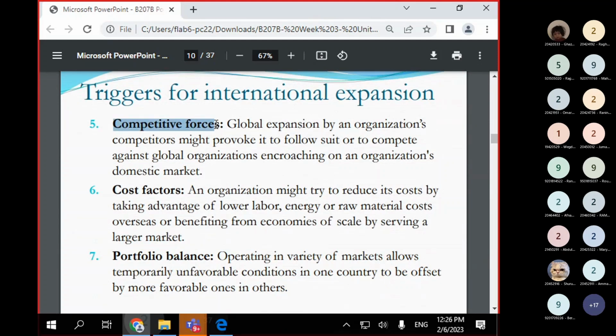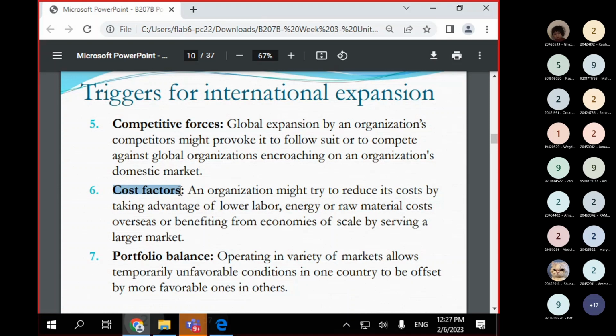You have competitive forces. Of course, this is the number one reason for being global: you want to compete. It's because of competition. Doctor, I think competition becomes harder when we go international. Yes, but you go international because you don't want your competitors to become number one.